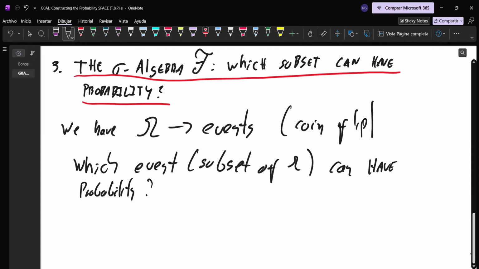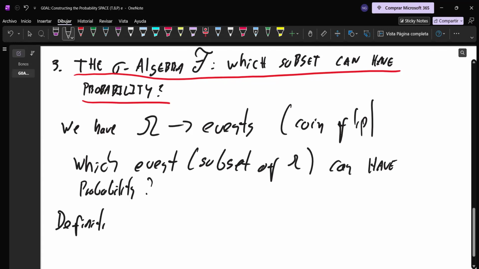This is the question, and this is the sigma algebra. This object F says to us, yes, you can assign a probability, or no, you cannot assign a probability. This is the question.